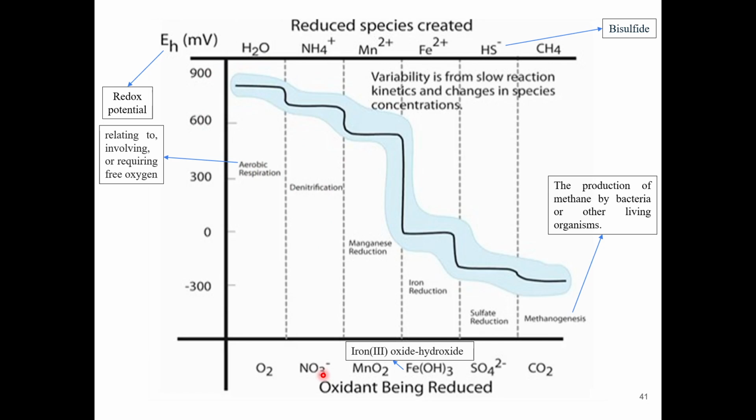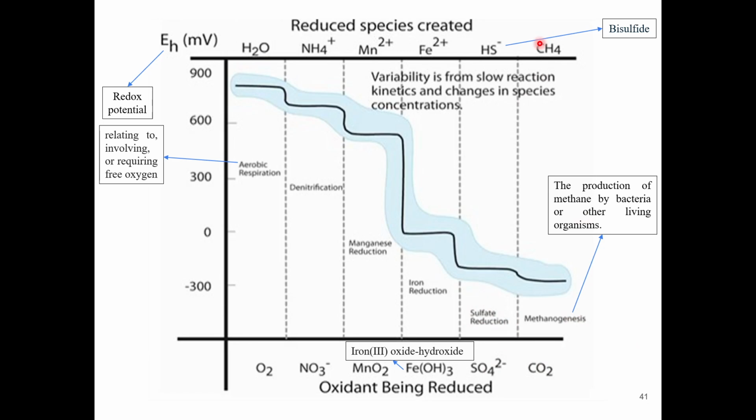For ammonium and nitrate ion, the range is close to 600 millivolt, and it is denitrification. Between MnO2 and Mn2+, it is less than 600, and that is manganese reduction. Between ferric iron oxide hydroxide and ferrous ion, it is close to zero, and it is iron reduction. In case of sulfate ion and bisulfide, it is about minus 300, so it is sulfate reduction.